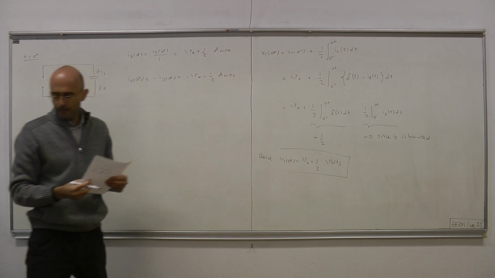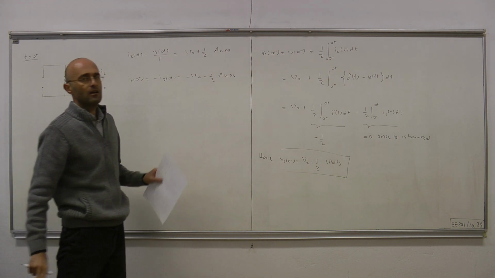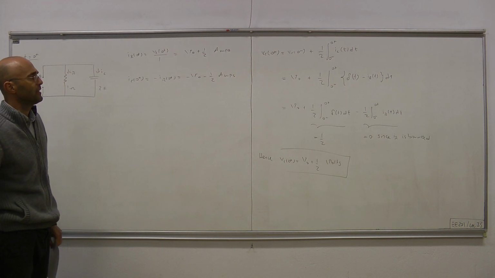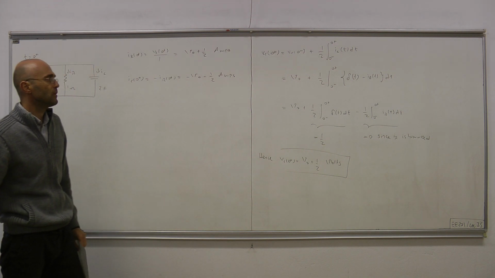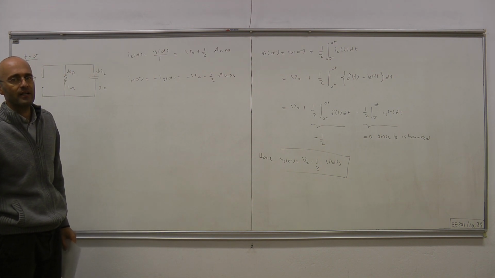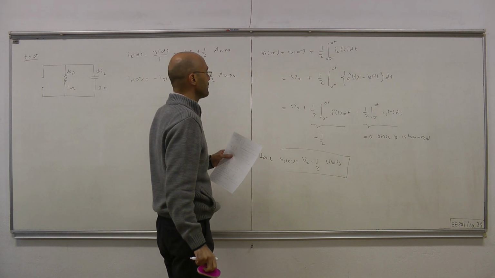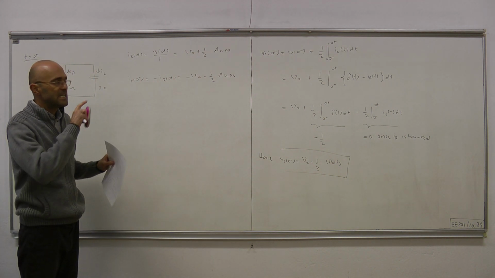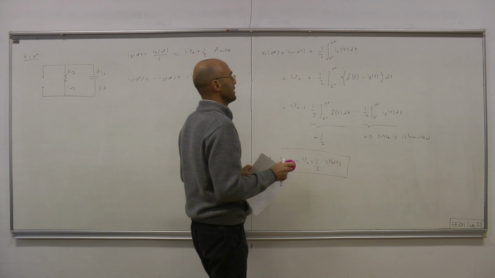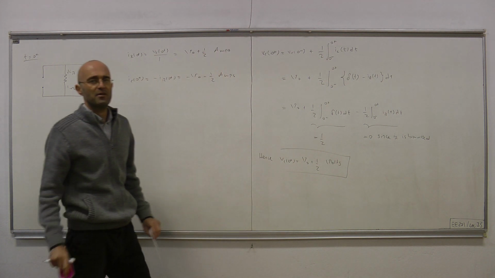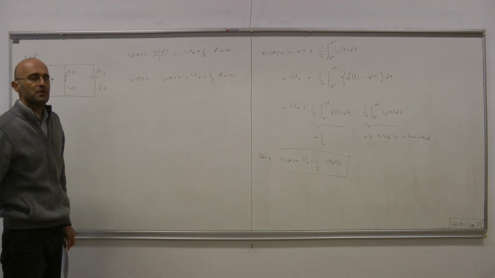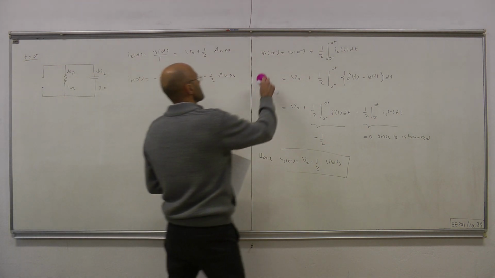Now we will talk about a little shortcut which will simplify our analysis. For that we have to realize the key point in our analysis, and the key point in our analysis was that the capacitor voltage was bounded.